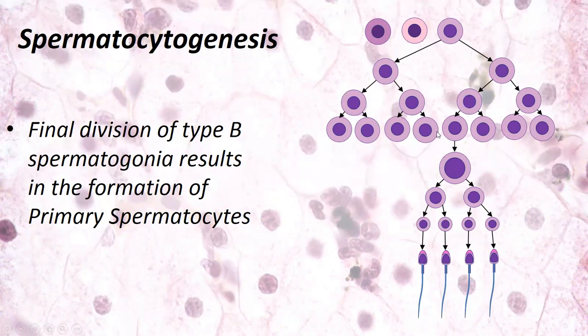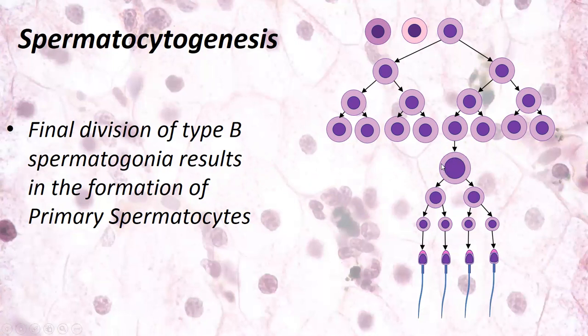The final division of type B spermatogonia results in the formation of primary spermatocytes. Here we can see that some cells exit from this mitotic cycle, from the numerous mitotic divisions, and begin to grow. They also undergo reduplication of DNA, so from 2N2C they become 2N4C. Their nucleus increases in size.